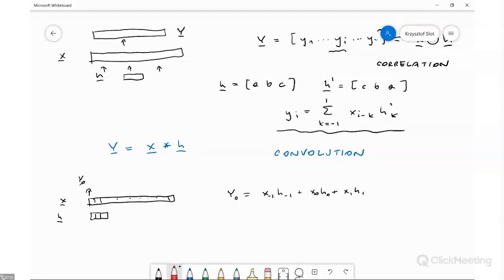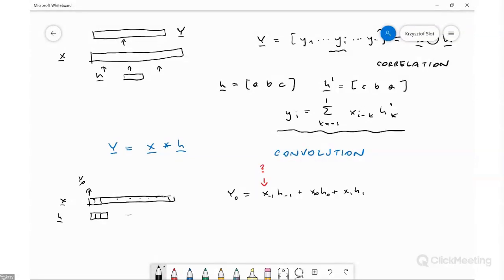The obvious problem is that I don't know this element. And the same applies to the last element of my correlation or convolution.